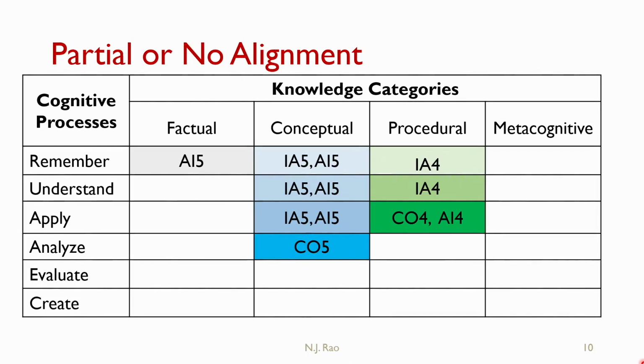That means 50 or more percent of questions should belong to that particular cell represented by CO5, and we have been recommending a minimum of 60%. If one wants to have a higher percentage of questions in that corresponding cell, they are quite welcome.